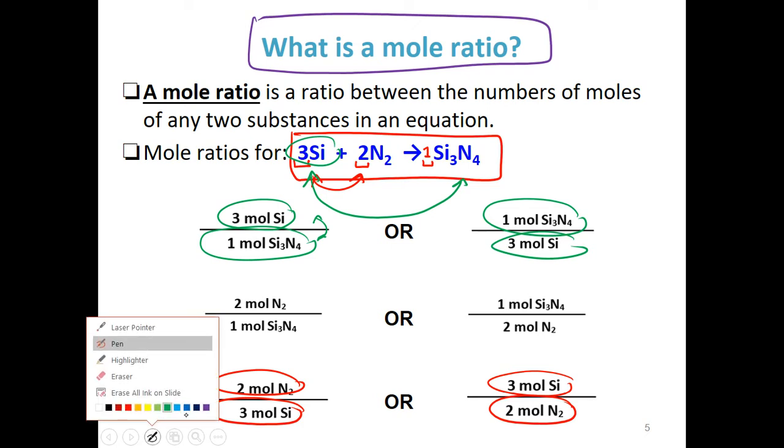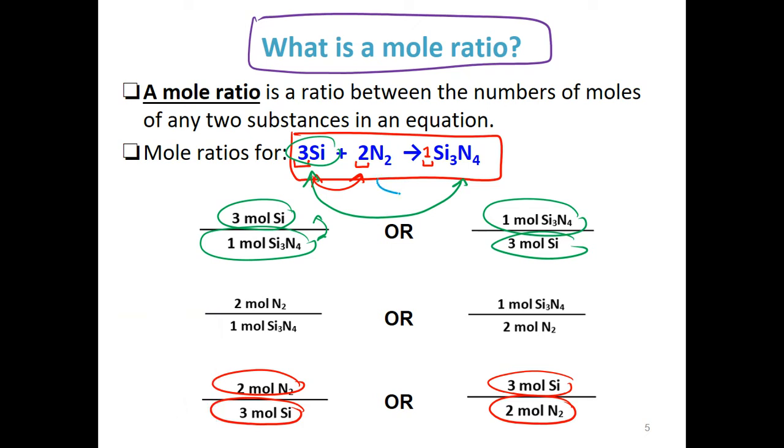You can also look at the relationship between the second reactant and my product, nitrogen and Si3N4. I can put 2 moles of N2 on the top and Si3N4 on the bottom, or I can flip this and write 1 mole of Si3N4 on the top and 2 moles of N2 on the bottom.